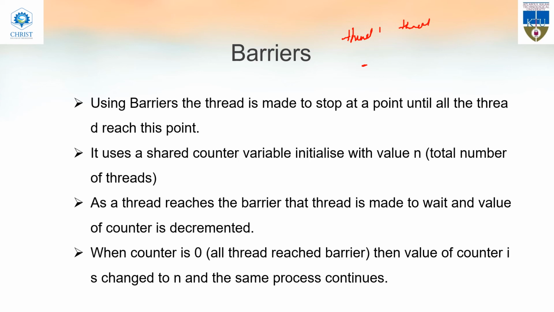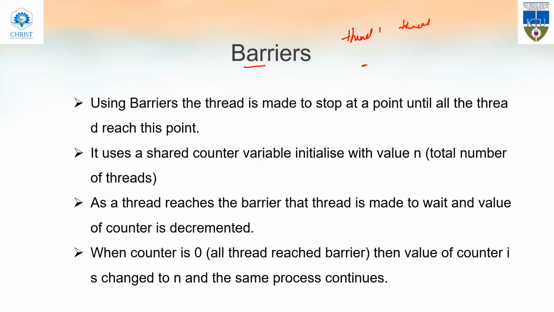So some checkpoint will be set. You know what a checkpoint is. Likewise, a point will be set in the process. If a thread executes until that point, it will just wait so that all other threads get executed to that point. That is called barriers.